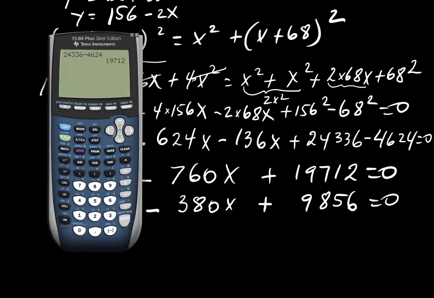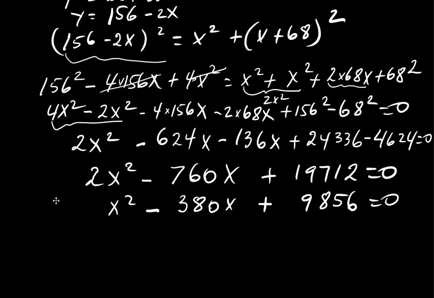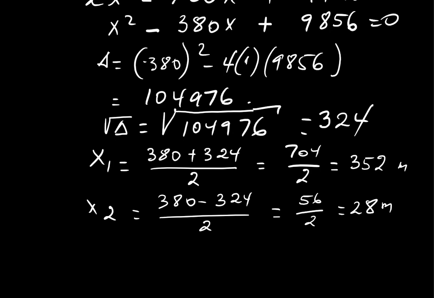Let me try to verify that instead of doing it mentally here. Answer divided by 2, 9856. Okay, so we have to solve this one, and if we calculate delta here, we get these numbers.